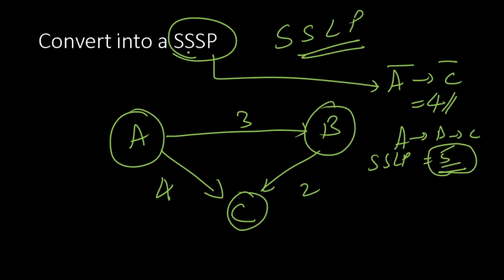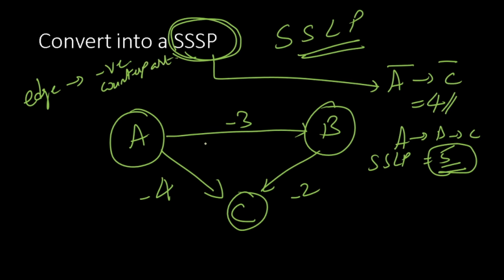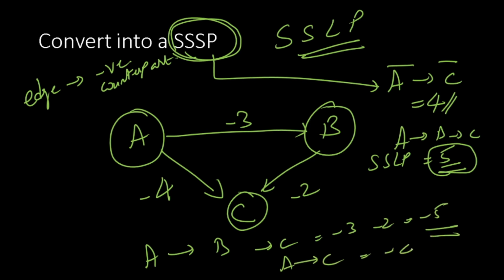Let us see if we can use the single source shortest path strategy to get it. Turns out we can. How do you do that? First step, convert all edges to their negative counterpart. What is the advantage of that? If you now calculate the single source shortest path, you'll get A to B to C equal to -3 plus -2, which is -5, and A to C is equal to -4.